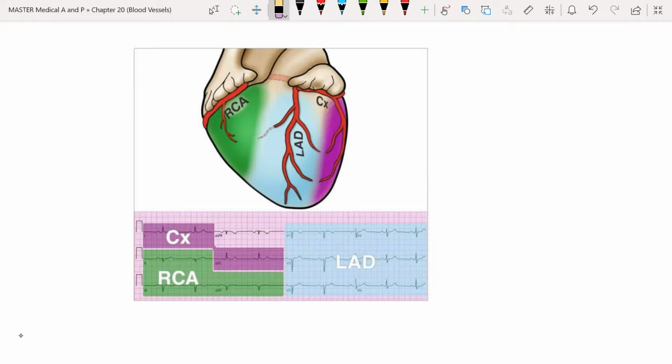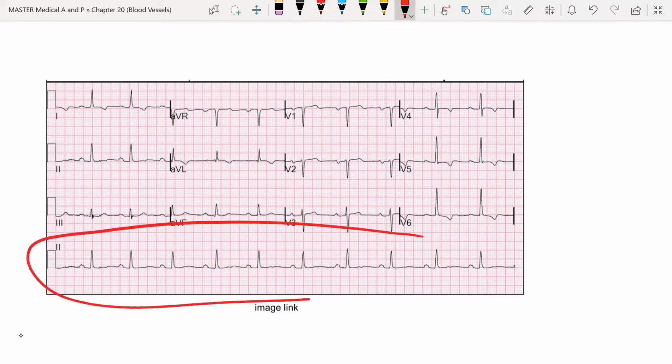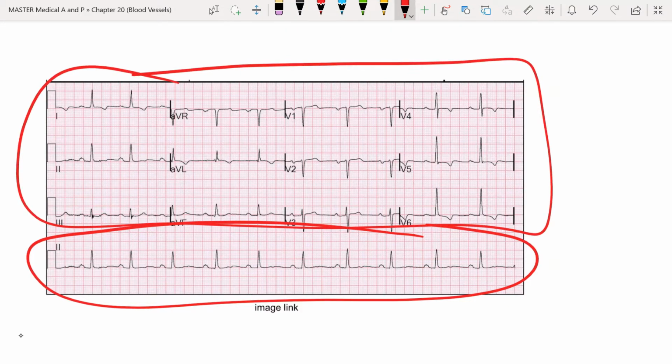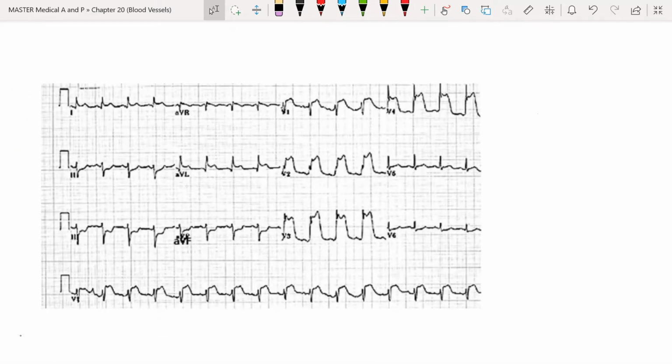Okay, so here's a normal 12 lead EKG. The bottom strip here is lead 2, several seconds of lead 2. Okay, so we're looking at these 12 views here. That's normal. Here are 12 views of an abnormal EKG.